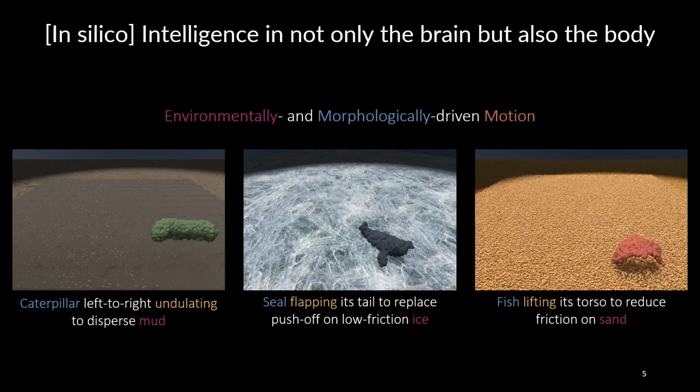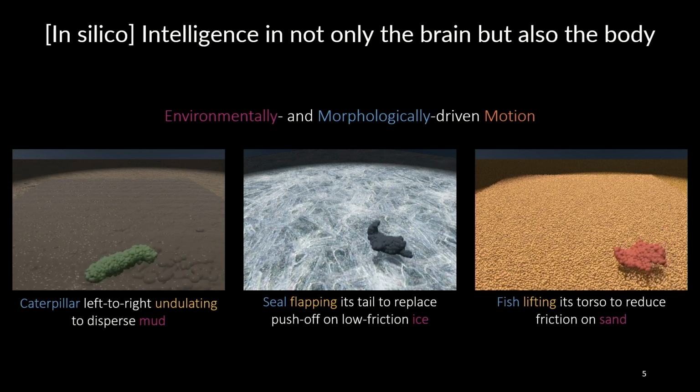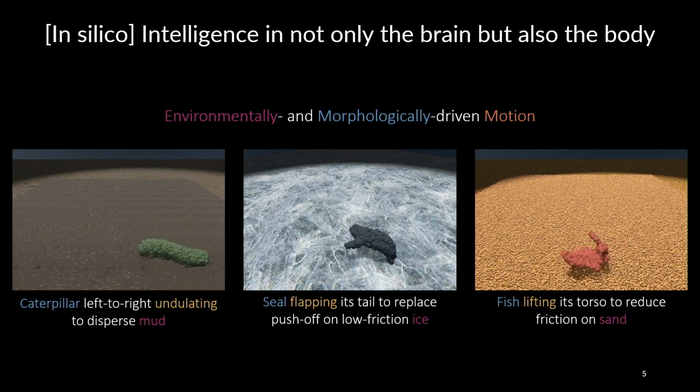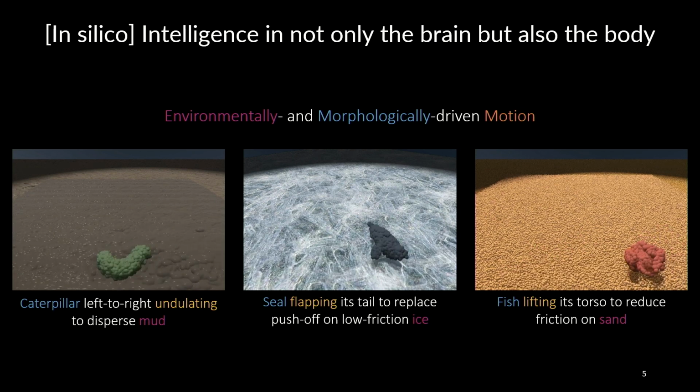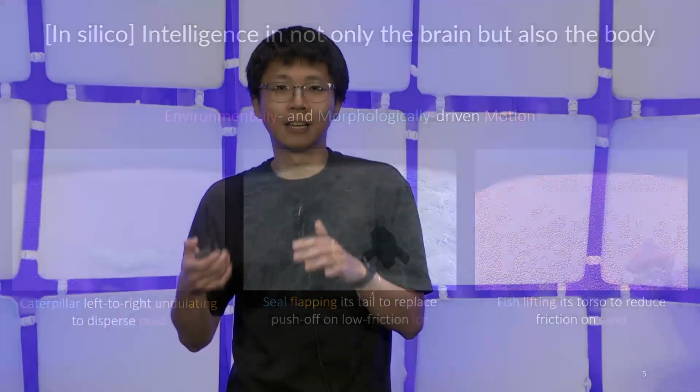And one of my favorite examples is that among all the animals we tested, fish somehow move very well in desert. It's a result from computational methods, but it also makes a lot of sense because there is a lot of friction in sand, so it needs to lift its torso to reduce the friction to move forward.